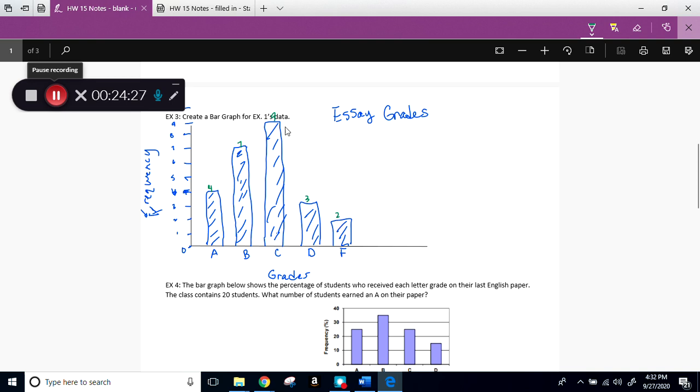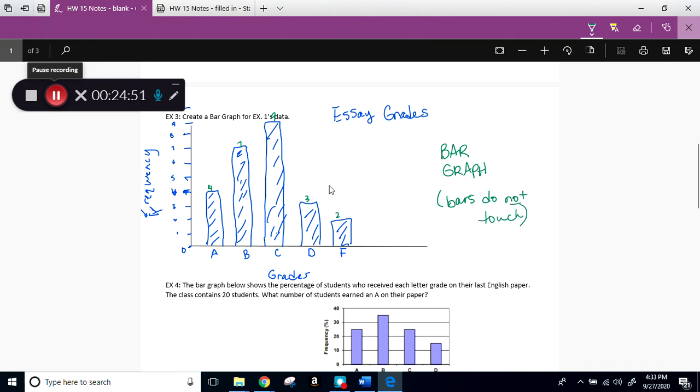You don't have to write those numbers in, but just make sure that your graph matches what those are. And then that's it. So bar graph, if you're asked to do a bar graph, remember that the bars don't touch. The bars do not touch.